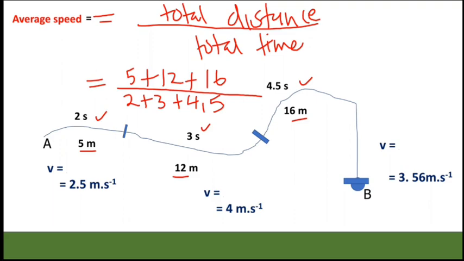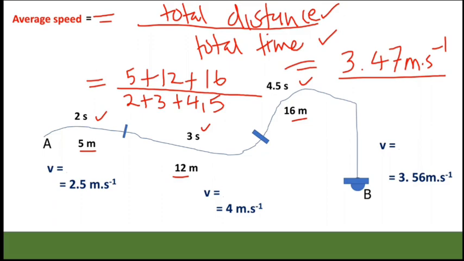Whatever answer we get there, that is our average speed. This is the same as 3,47 meters per second. So to calculate the average speed, we need two things. We need the total distance and we need the total time.